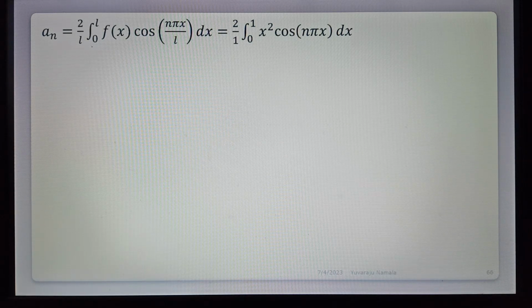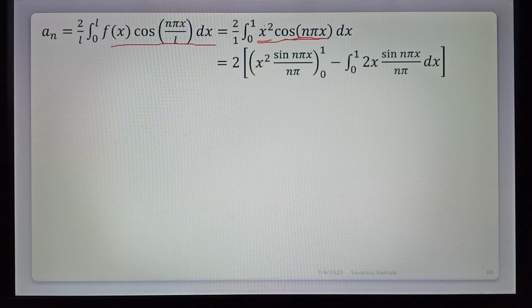So an is equal to 2 by L integration 0 to L f of x into cos n pi x by L into dx, that is equal to 2 by 1 integration 0 to 1 x square into cos n pi x into dx. So here u into v method, this is u, this is v.